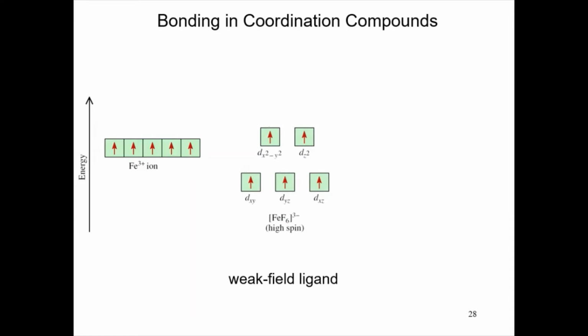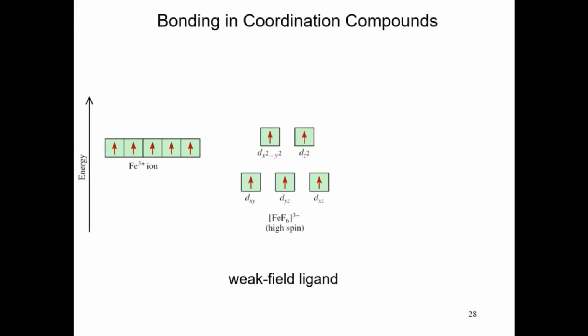What happens is the difference between the two sets of orbitals is small enough that the atom can still afford to keep the electrons in separate orbitals as it forms the complex ion.